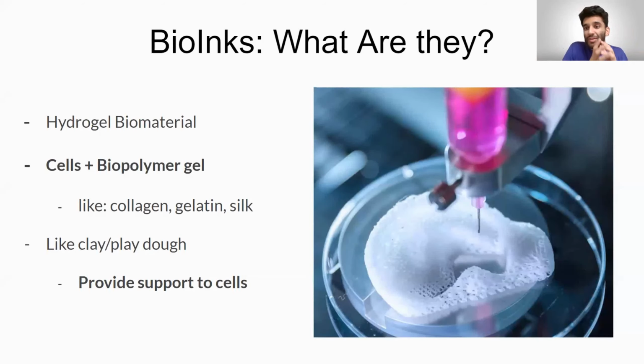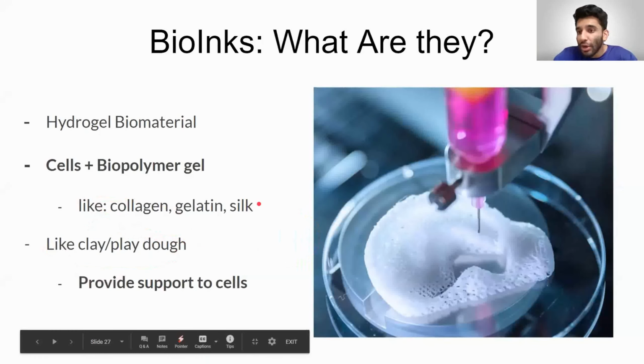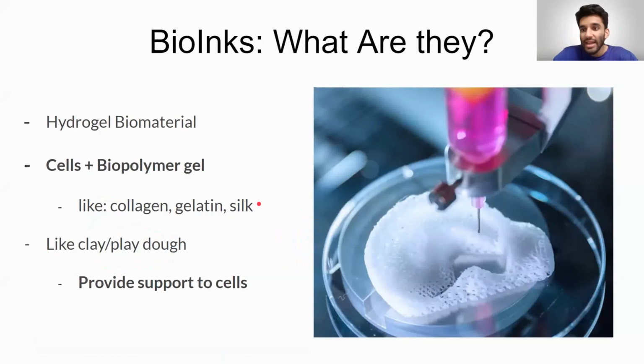And that gives us the benefit that it's malleable as a fluid, but it can also hold its state like a solid. Another good example is clay or Play-Doh, where I can mold it to be in whatever shape that I want it to be. And the actual contents of this fluid are live cells and biopolymer gel. These live cells create places for the stem cells to thrive in when I repopulate the scaffold.